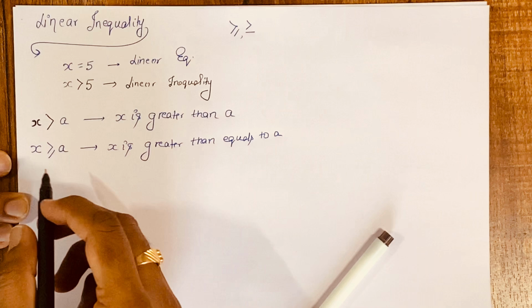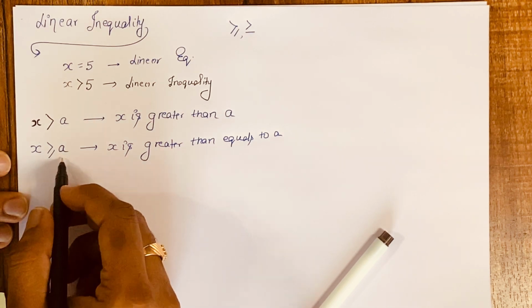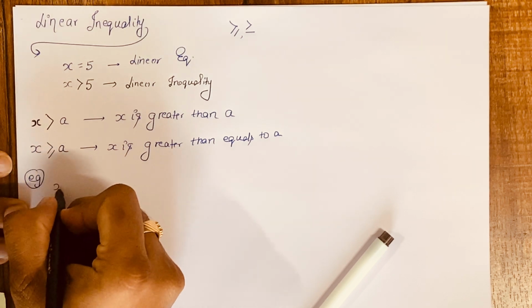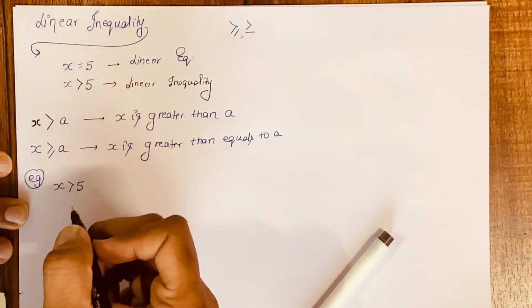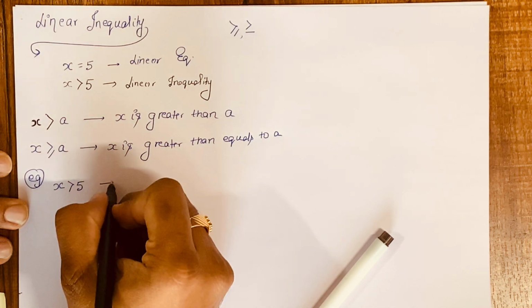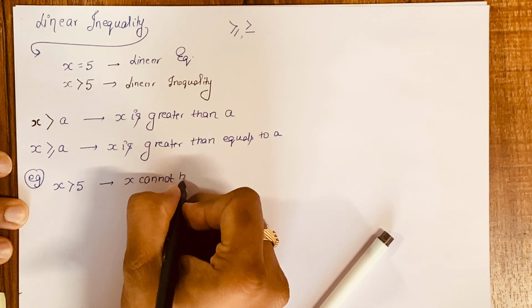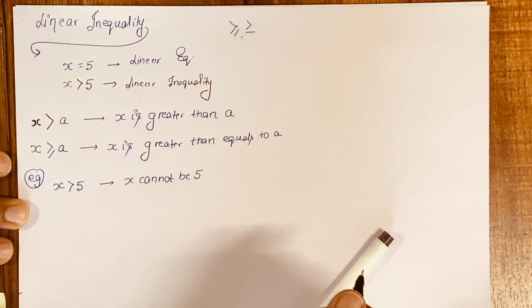Which means that the value of x can be a as well. For example, if I say here x is greater than 5, which means that x cannot be 5, but it can be any value greater than 5.